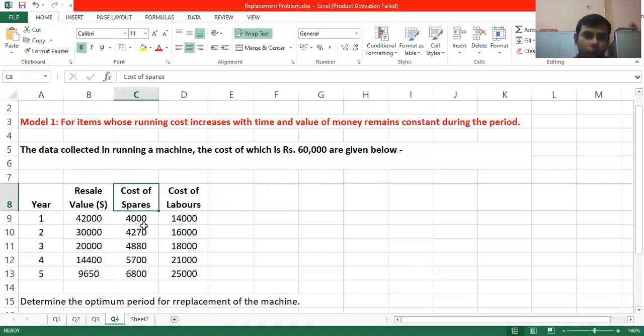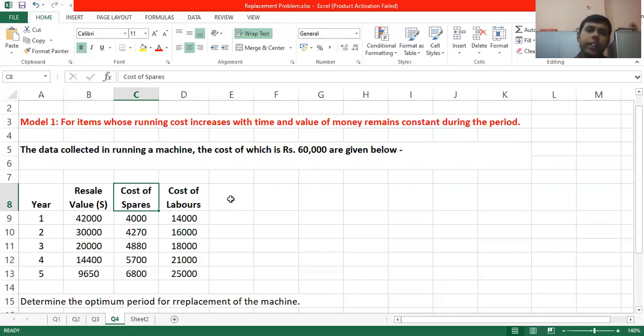Now see, nowhere it has been mentioned the operating cost, the running cost or maintenance cost. But two new costs have been given, that is cost of spares and cost of labors. Now, try to reach to a situation that a machine requires spares and labors to run the show, right?